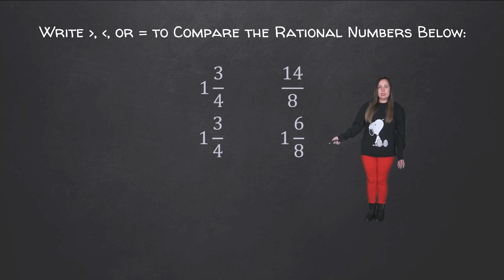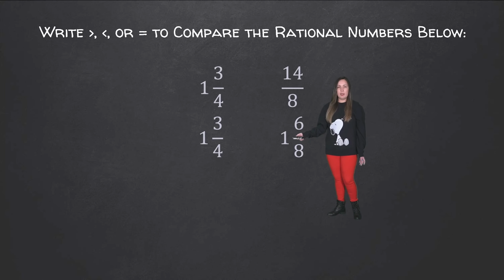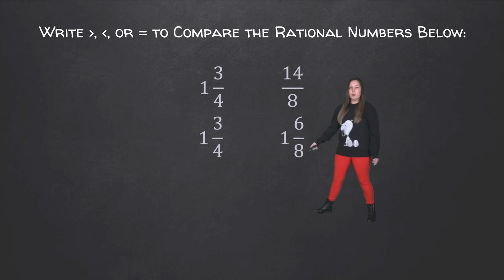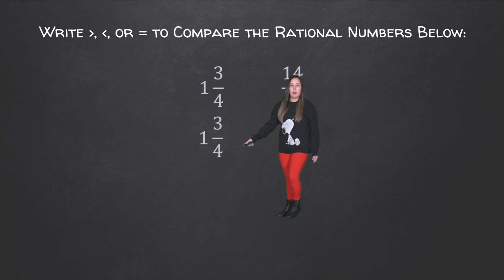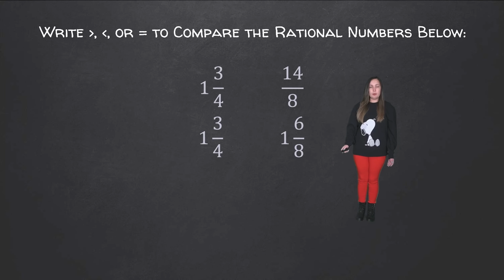Now, we're going to compare, but these two fractions in our mixed numbers have different denominators. Now, we can't use the whole number to compare because they both have a whole number that's 1. So we have to rely on our fractions. So we're going to take our denominators, which are 4 and 8, and find the least common multiple.